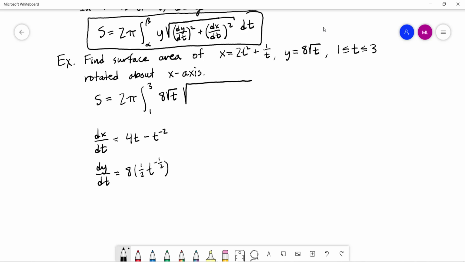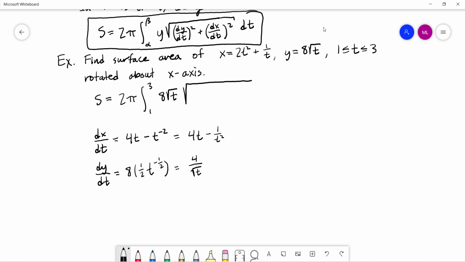If you want, you could rewrite this as 4t minus 1 over t squared. And you could rewrite this one as 8 times 1/2, so that'll be 4 over the square root of t. If you want, you can write it that way. So we're plugging the squares of those into our formula.